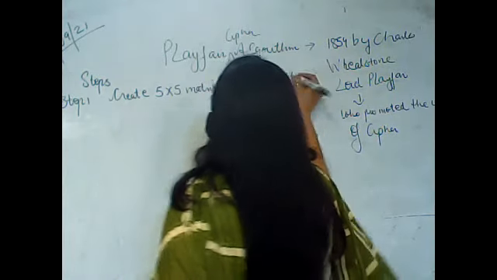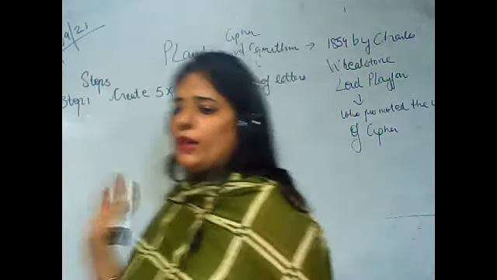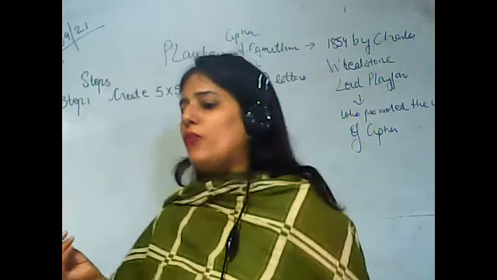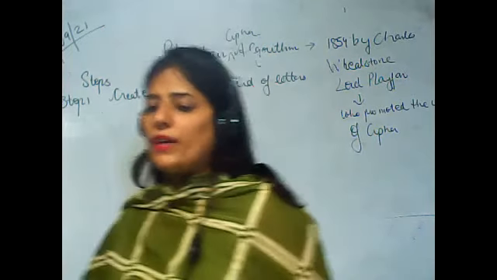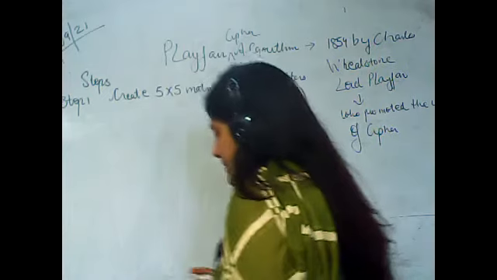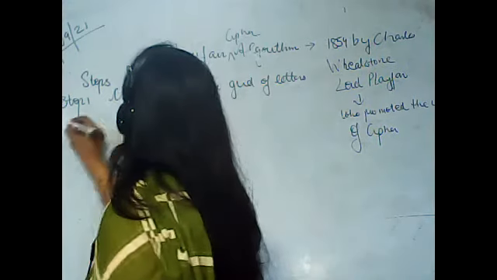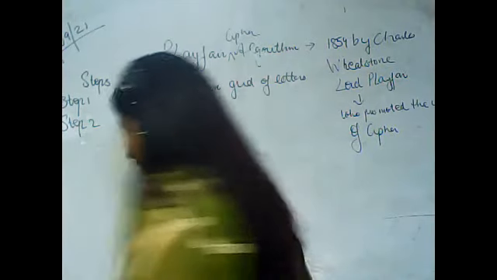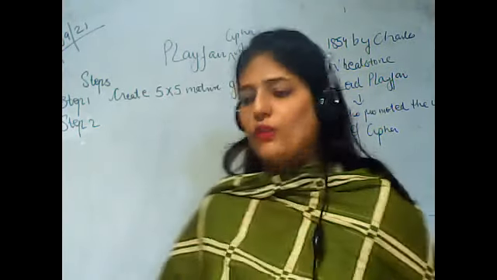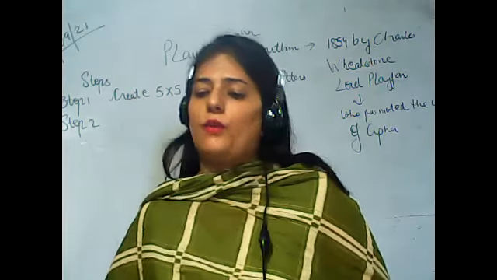Letters means all those alphabets that we will include in that 5 by 5 matrix. If we are taking a 5 by 5 matrix, that means the total would be 25 elements. Step 2 is that the matrix is made by inserting the values of the key and the remaining alphabets.